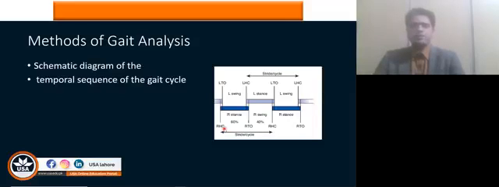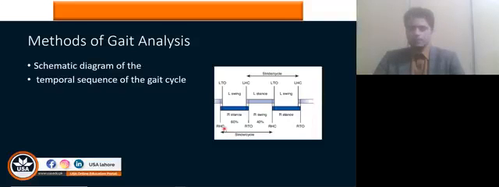Now, electrogoniometers are available in uniaxial and multi-axial configurations and are usually attached directly to the body segments on either side of the joint of interest for the direct measurement of the angular displacement. I hope you know what was angular displacement. So this electrogoniometer is used in such a way.